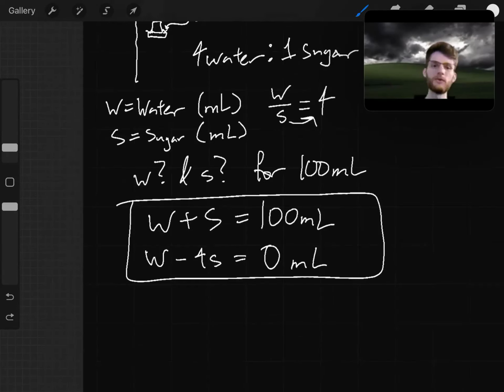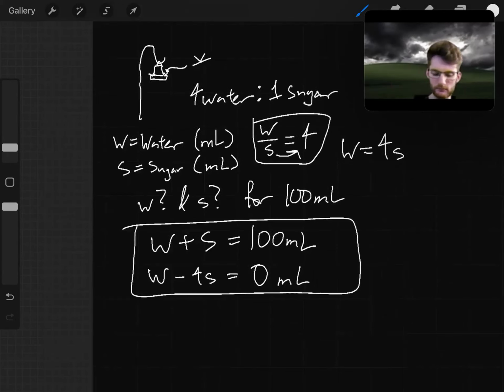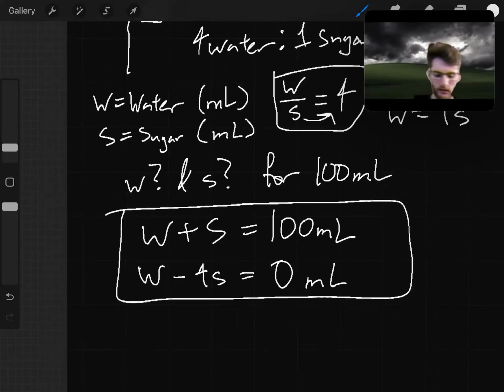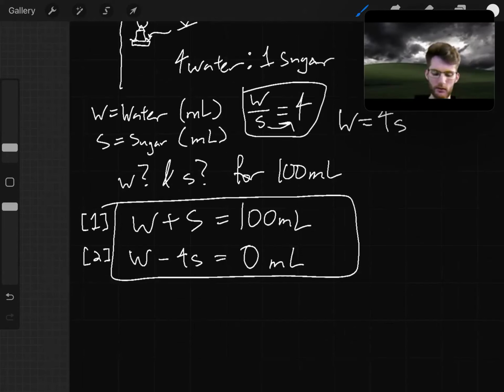And I'm going to use substitution. So going back to this equation here, I'm going to rewrite it as W equals 4S. And let's actually call this equation 1 and equation 2. So I'm going to take equation 1.